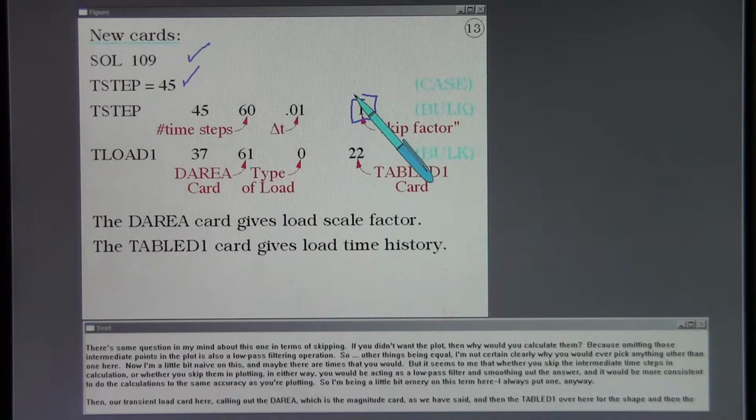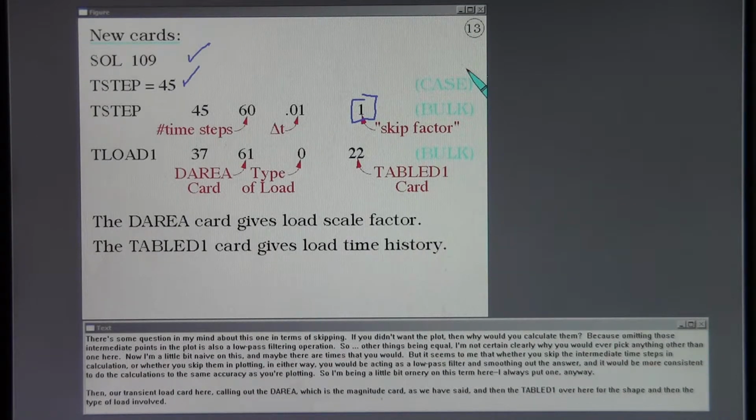Now, I'm a little bit naive on this, and maybe there are times when you would. But it seems to me that whether you skip the intermediate time steps in calculation or whether you skip them in plotting, in either way you would be acting as a low-pass filter and smoothing out the answer.